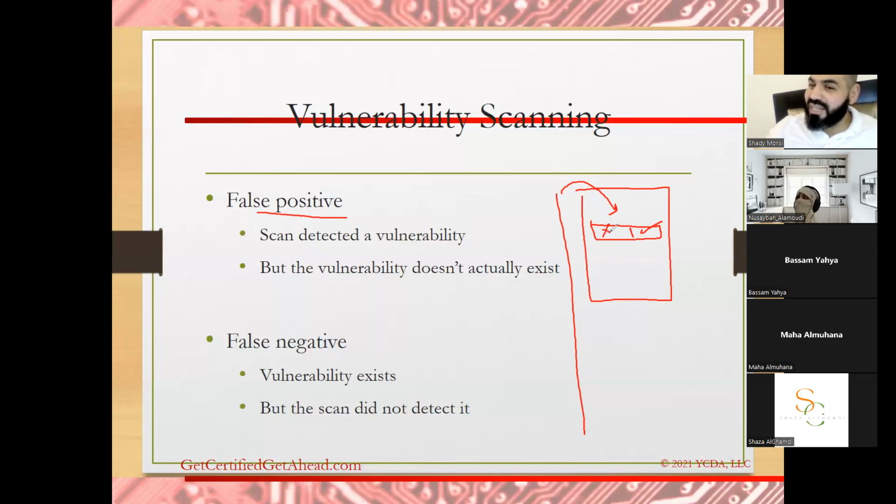It says your Windows has a vulnerability, but when you go and verify, it's not. This is where we need penetration testing, so we can verify and understand whether it is a false positive or not. So the scan detected a vulnerability, but the vulnerability does not actually exist. Who can really tell if it's a vulnerability or not?